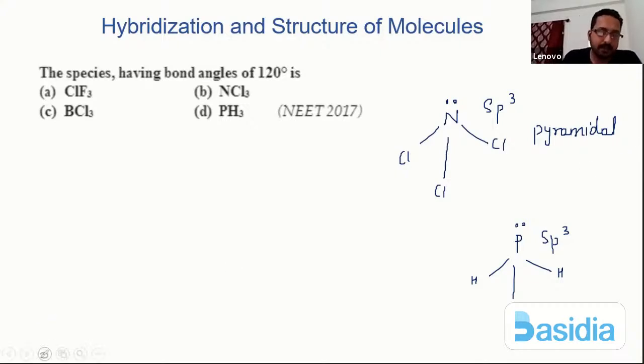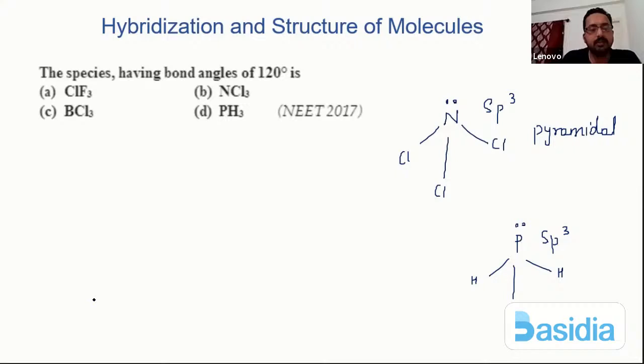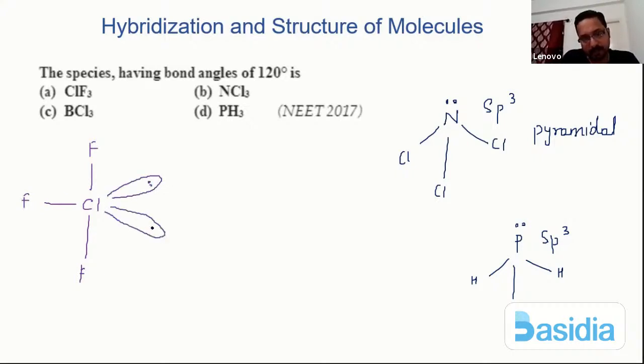Now, when we go to the ClF3 structure, we understand that Cl is in the center, then you have a fluorine atom over here, a fluorine atom over here, a fluorine atom over here, then there is a lone pair, then there is a lone pair.